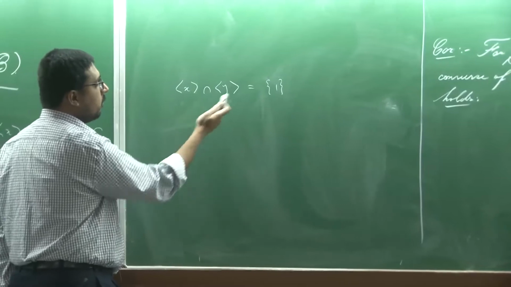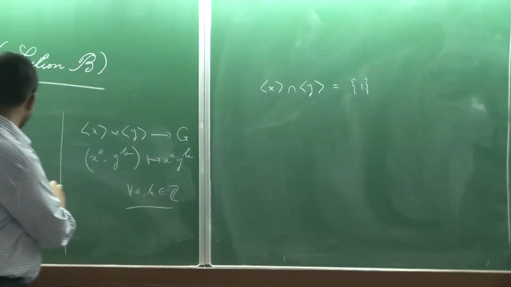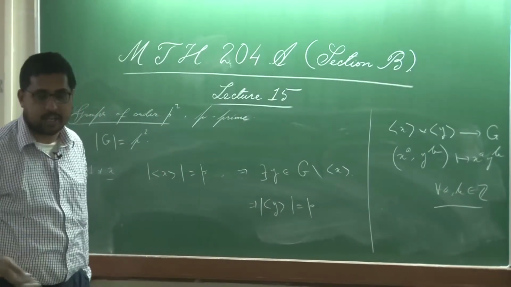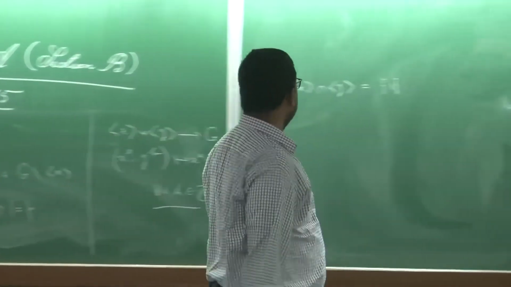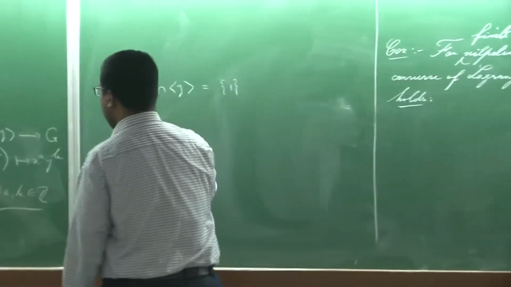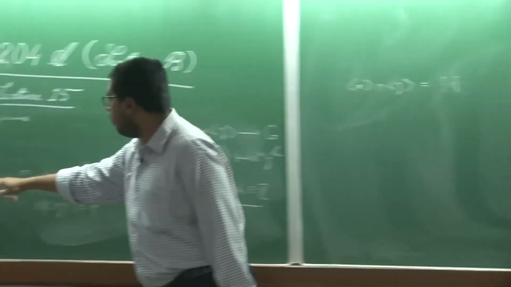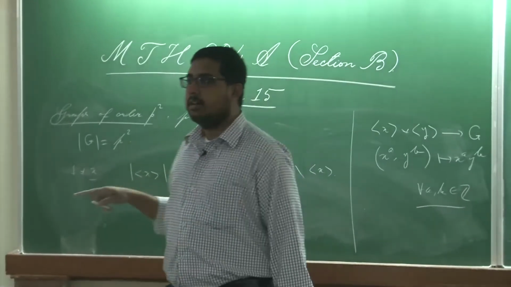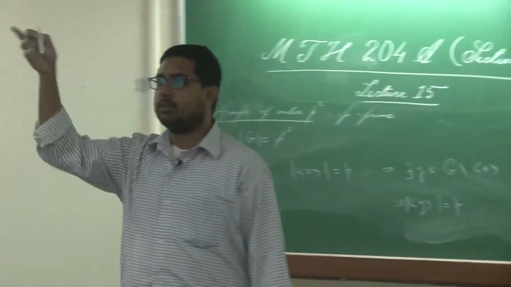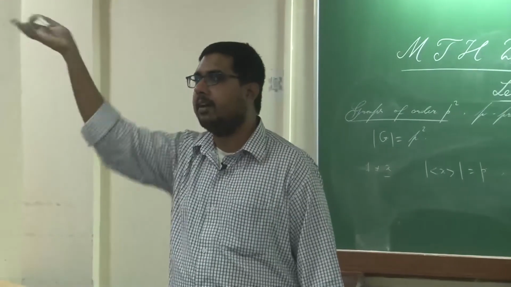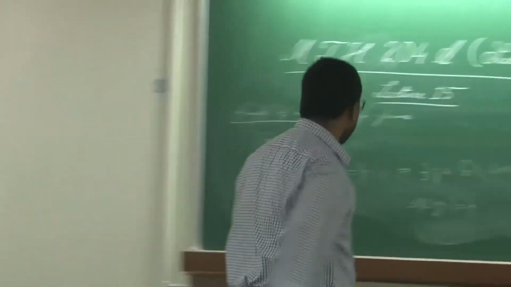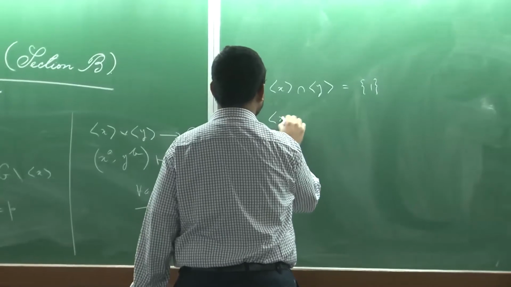So it is either trivial or both are the same, but that cannot happen because y has been chosen from the outside. Therefore this is trivial. And one more thing, both the subgroups have index equal to the smallest prime, here the only prime dividing the order of G. Therefore both of them are normal in G.